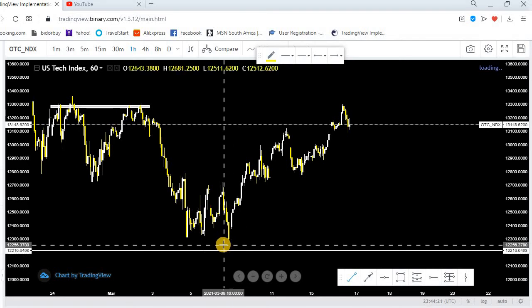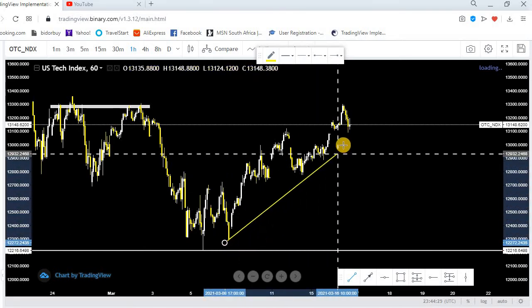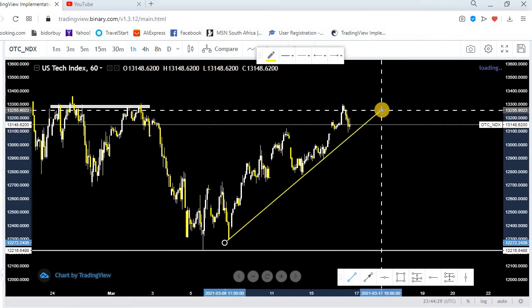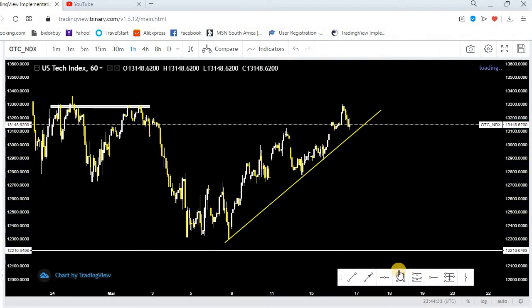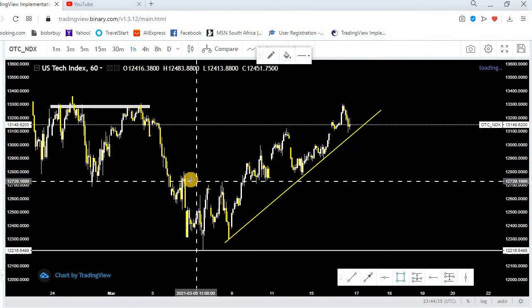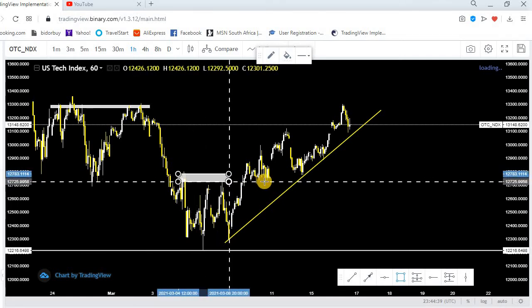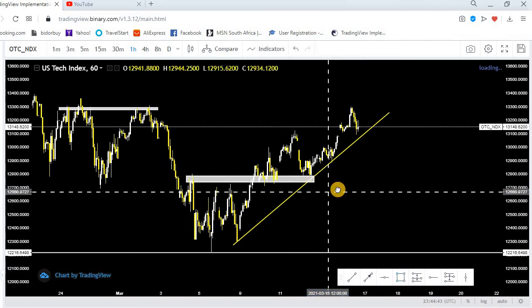So now we can see that on the 1 hour chart, we have our channel here, meaning our trend line. We have our trend line here, there. So we had our levels of support, of resistance here, our mini levels of resistance there.